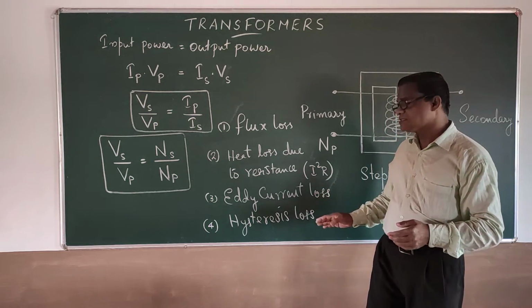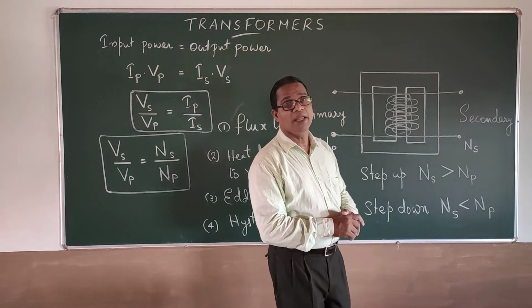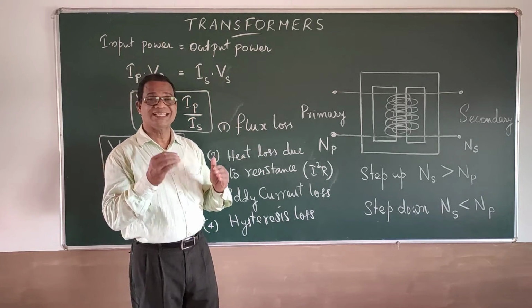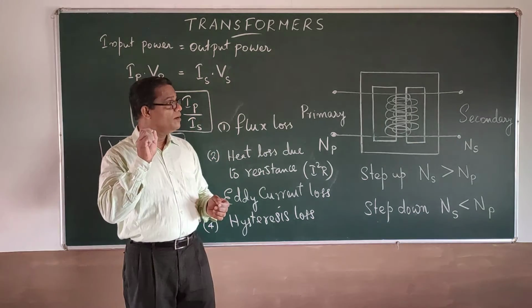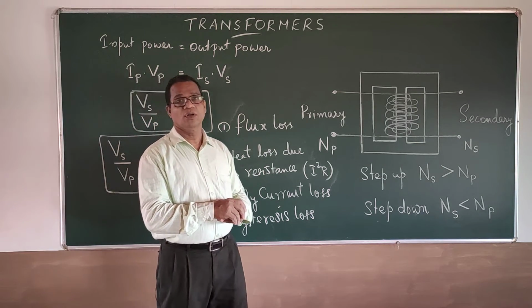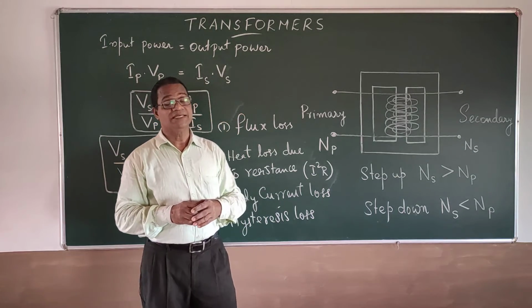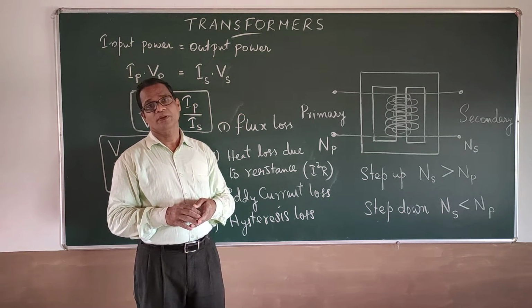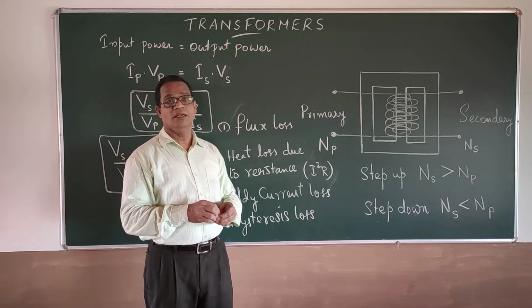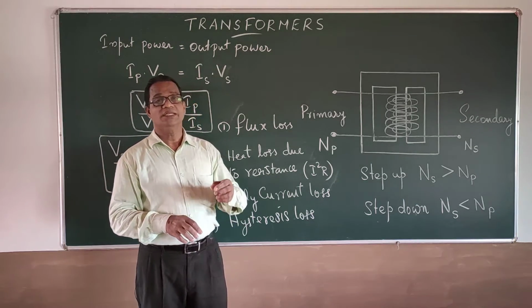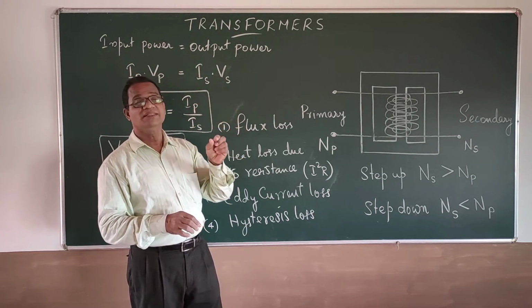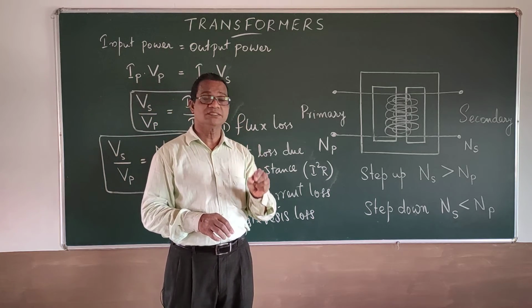And that hysteresis loss is minimized by selecting the material for the core based on the hysteresis loop. If we take soft iron, we can see that the material has a thin hysteresis loop.